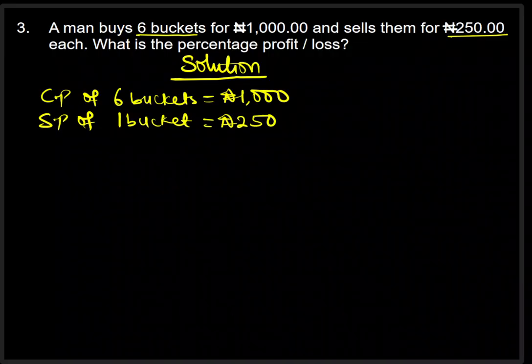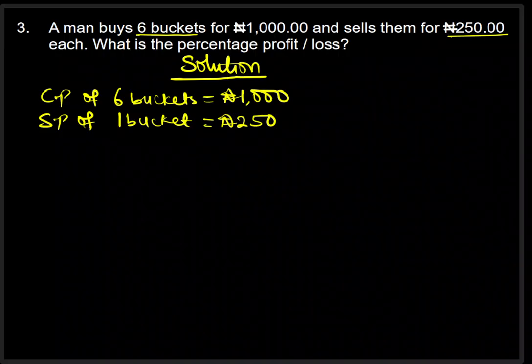So the question we ask ourselves is, can we use the cost price of 6 buckets and the selling price of 1 bucket to compare if we've made profit or loss? That's the question we should ask ourselves. You buy 6 buckets and then you sell one, and after selling one, you start checking if you've made profit or loss. I believe that's not making sense. It's not fair enough.